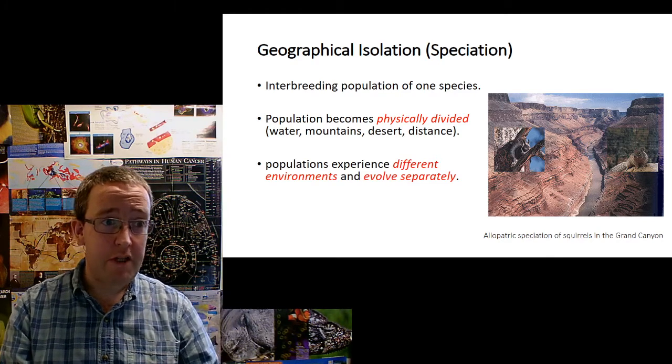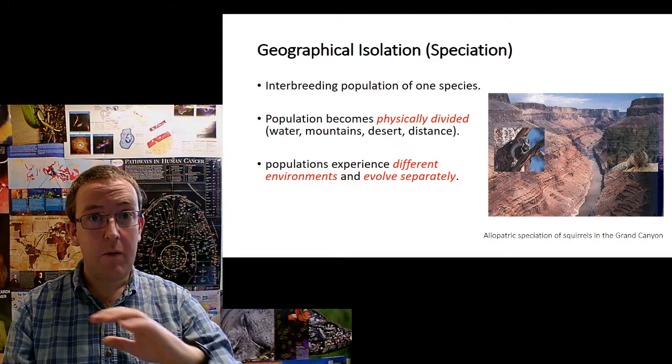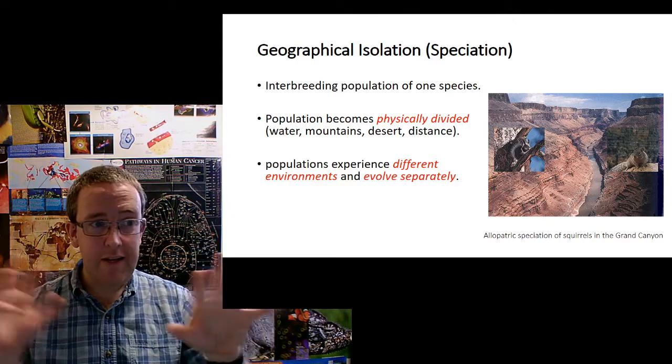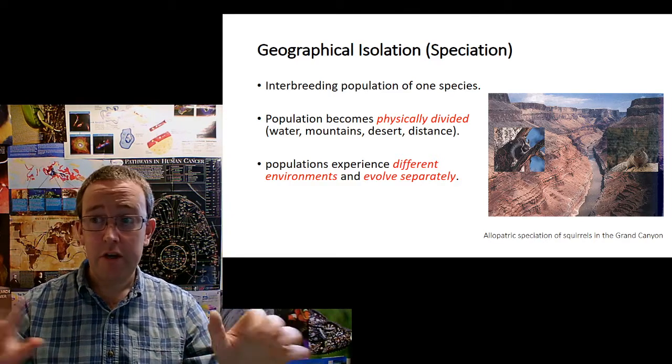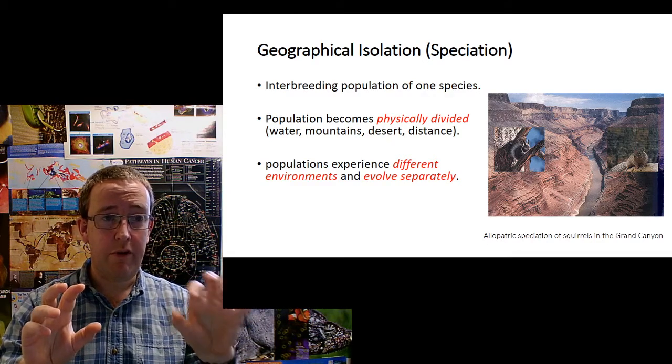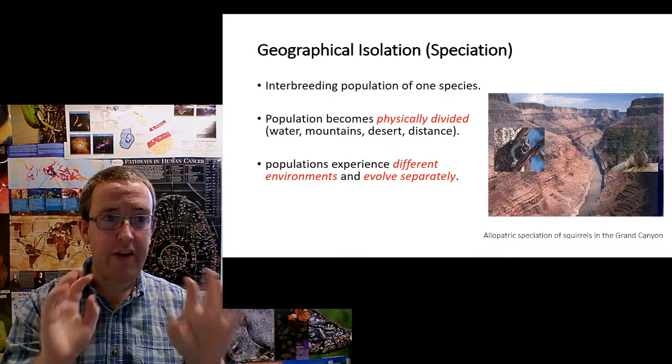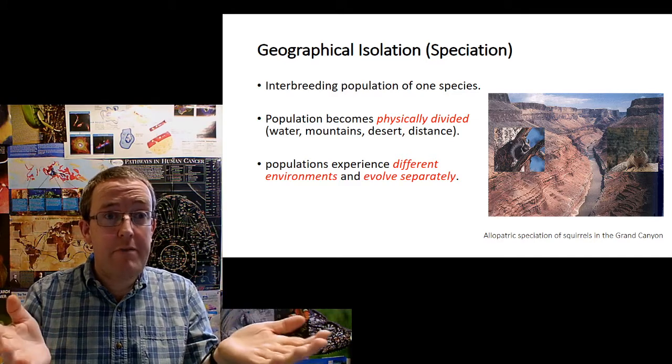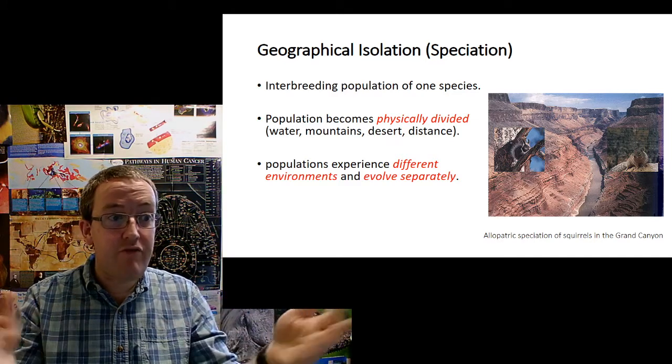Those populations experience different environments, and what is good in one environment isn't necessarily good in the other environment. So certain individuals of this population will survive, where certain individuals of this population will survive, and they won't necessarily be the same. Or it might just be random luck, genetic drift as it's called.